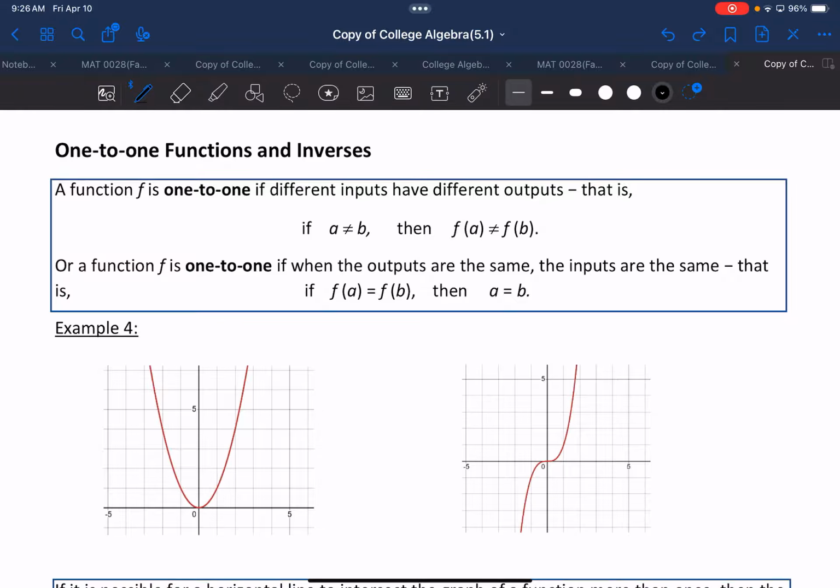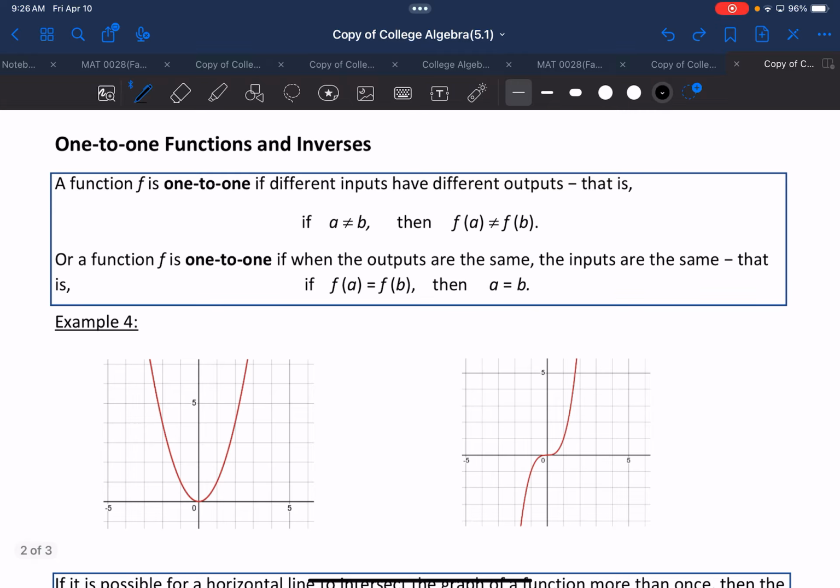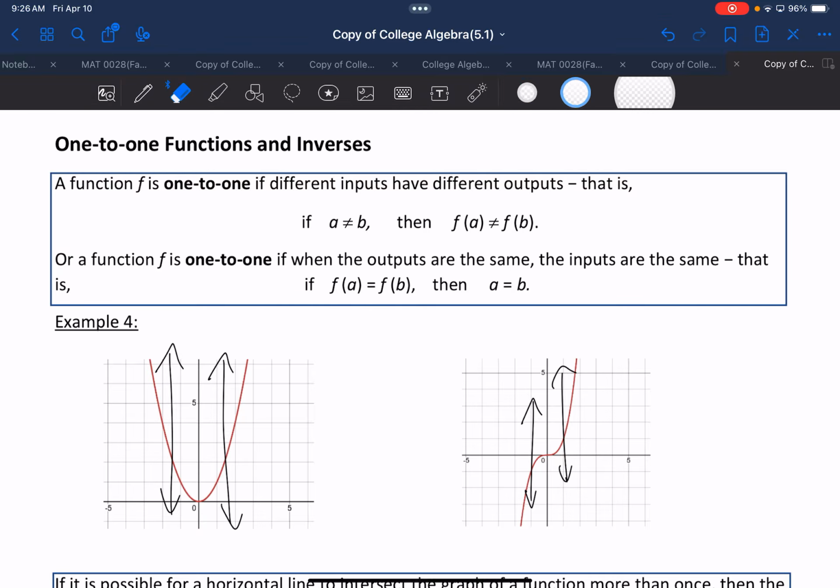Okay, so I just kind of reminded you of the vertical line test for functions, right? Both of these pictures of this graph, if I put a vertical line, it'll pass my vertical line test, and both of these graphs are functions, right? Because it only passes through them once.